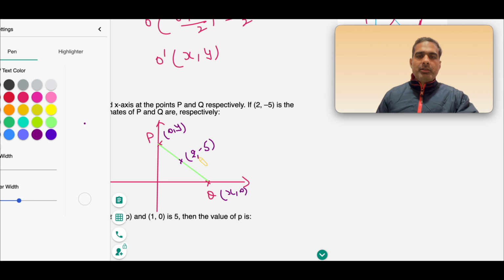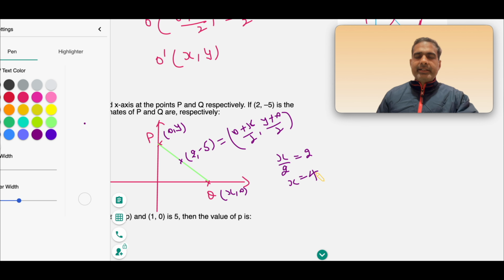And 2, minus 5 is its midpoint, so we know the midpoint of a line segment joining 0, y and x, 0 will be (0 plus x) by 2 and (y plus 0) by 2. So this is the midpoint. So from here, if these two points are equal, then their x coordinates should be equal. It means x by 2 should be equal to 2.